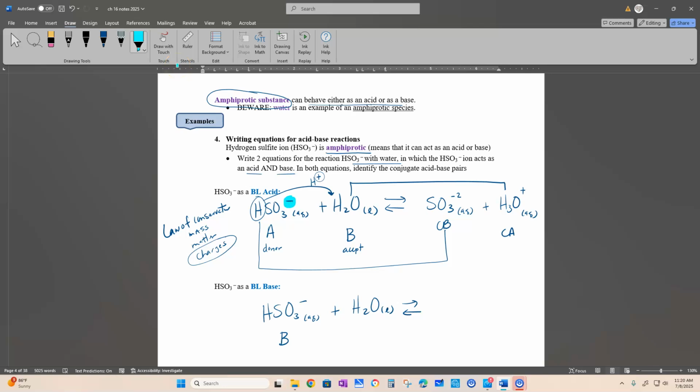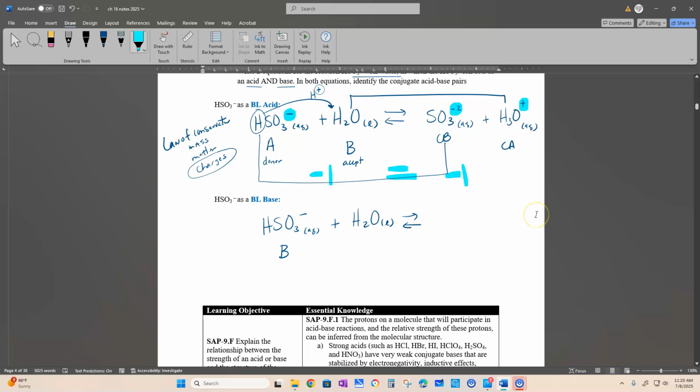So that means this side of the equation is -1. Equals this side. -2 and +1, -1. You have to make the charges equal each other because the law of conservation said that. Just because somebody donated and accepted a proton doesn't mean you created anything new, you rearranged.